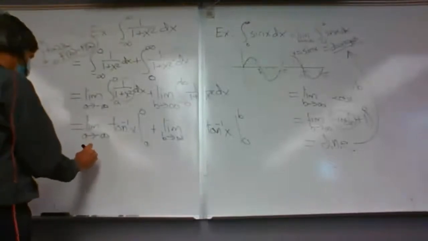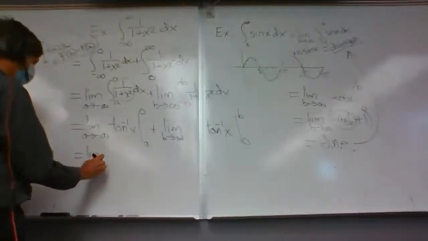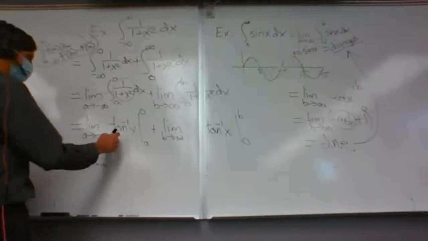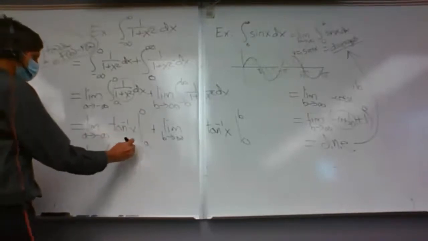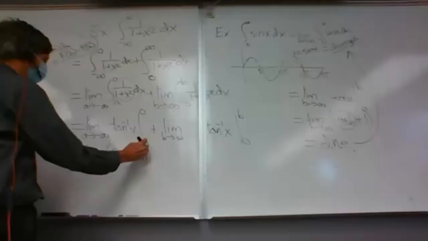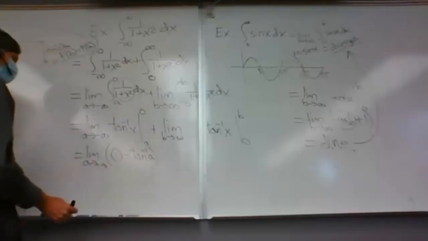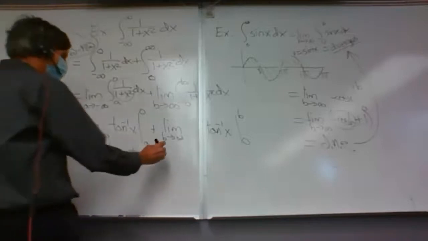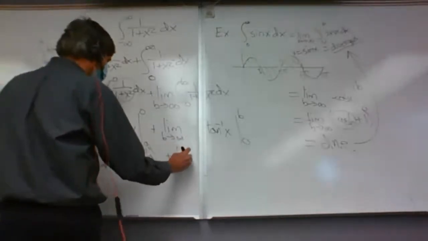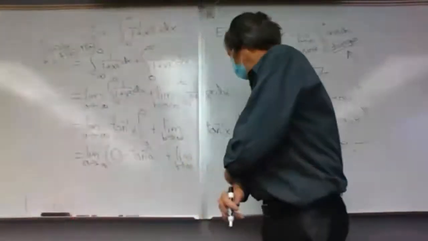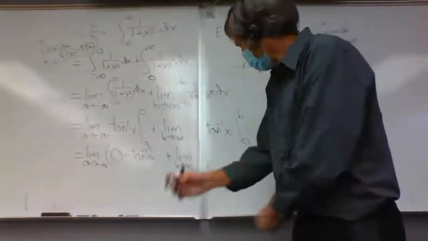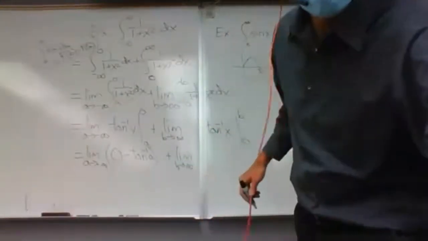Well, let's see, it's the limit as a goes to minus infinity of arctangent 0 minus arctangent a, plus the limit as b goes to infinity of arctangent b minus arctangent 0.